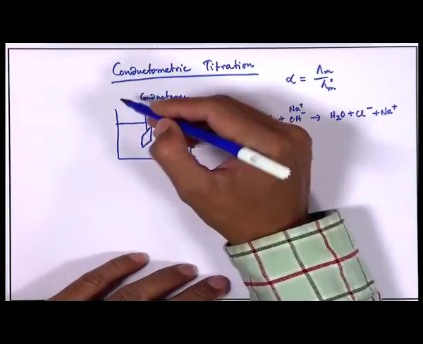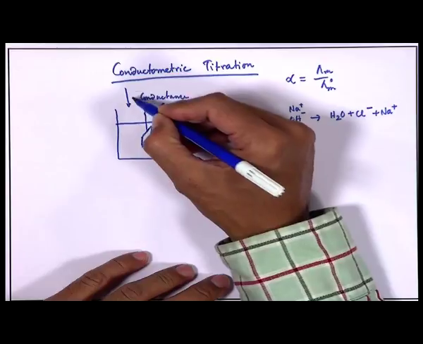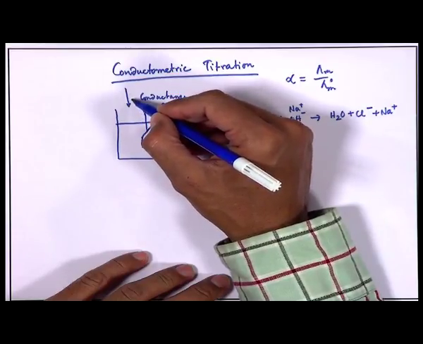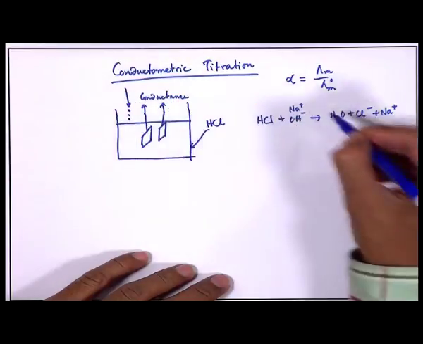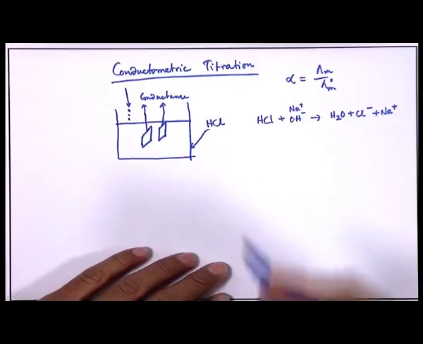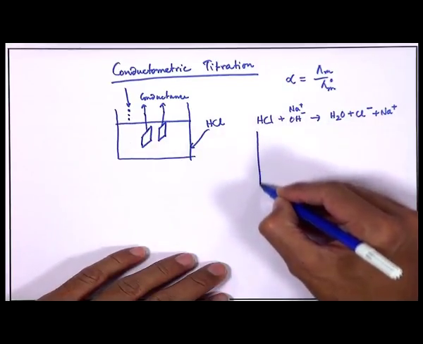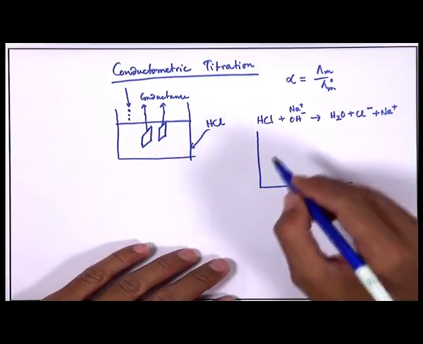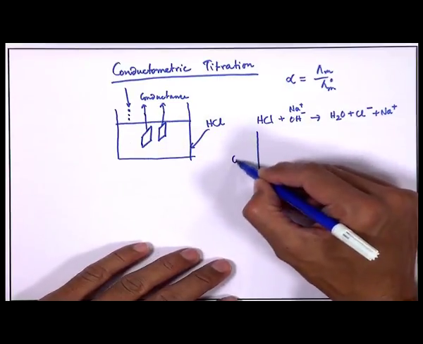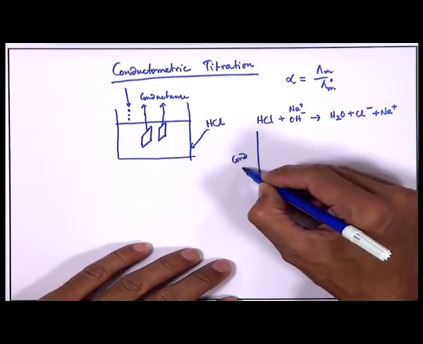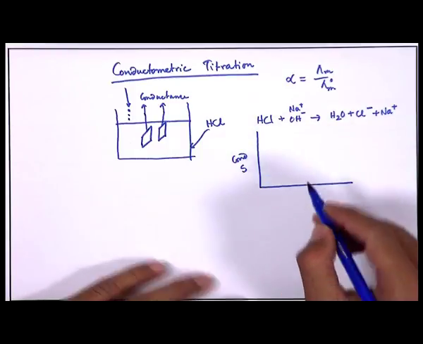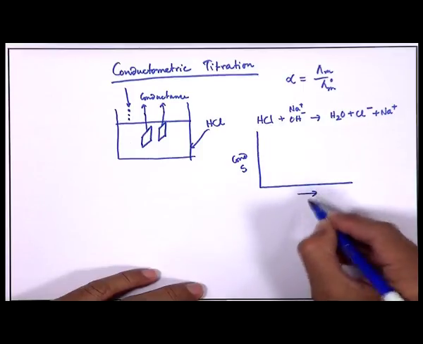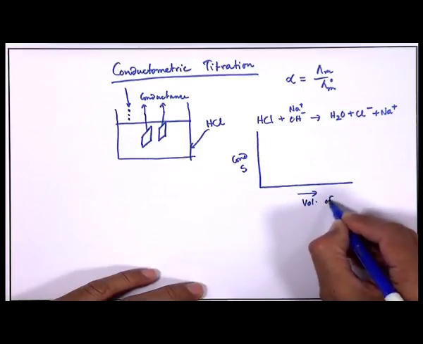So, you add this alkali solution dropwise from the burette, and you measure the conductance of the solution, in Siemens, against the volume of alkali.